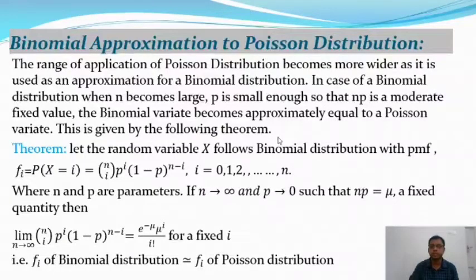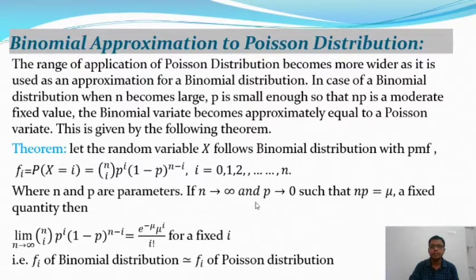and this is given by the following theorem. Okay, so let the random variable capital X follow the binomial distribution with the probability mass function. This is the probability mass function of the binomial distribution: f(i) equals the probability of x equal to i, which equals nCi into p to the power i into (1 minus p) to the power (n minus i), where i is equal to 0, 1, 2 and up to n. And n and p are the parameters of the binomial distribution.